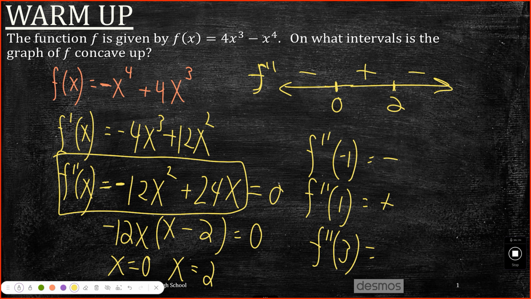See? Change of sign. So there's an inflection point here, and an inflection point here. So it's asking, where is the graph of f concave up? From 0 to 2, and we don't include 0 and we don't include 2.